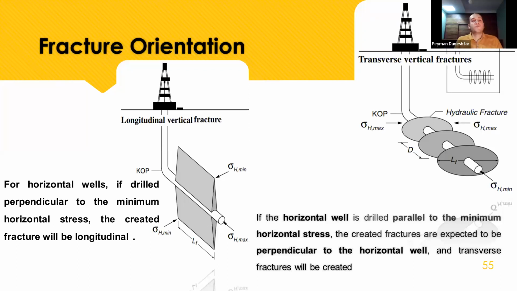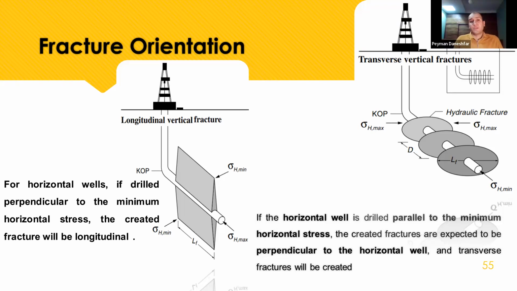Fracture orientation for horizontal wells: if we drill perpendicular to the minimum horizontal stress, the created fracture will be longitudinal. If we look at the photo here, you can see that it is parallel with the maximum, but perpendicular to the minimum.